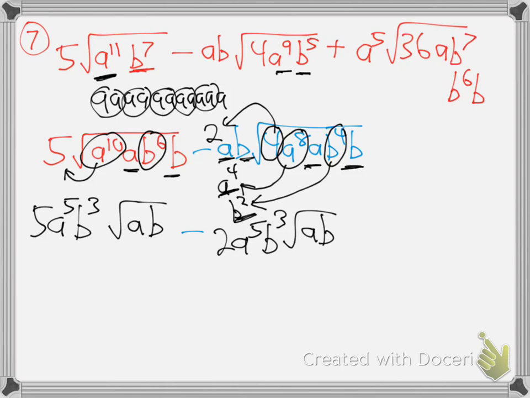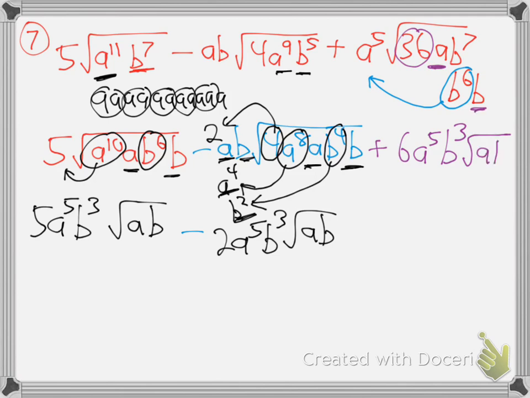We good there? And what are we going to do with that B to the 6th? Just cut it in half and ship it out. So B to the 6th, cut it in half. Out will come... Oh, and the root of 36, that's 6. So out we got A to the 5th, and out will come B to the 3rd, because that's half of the B to the 6th. What's left inside? This A and this B, huh? Root of AB.